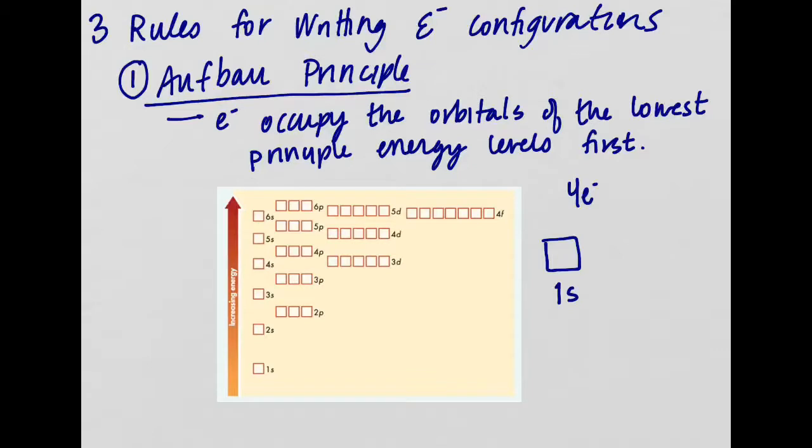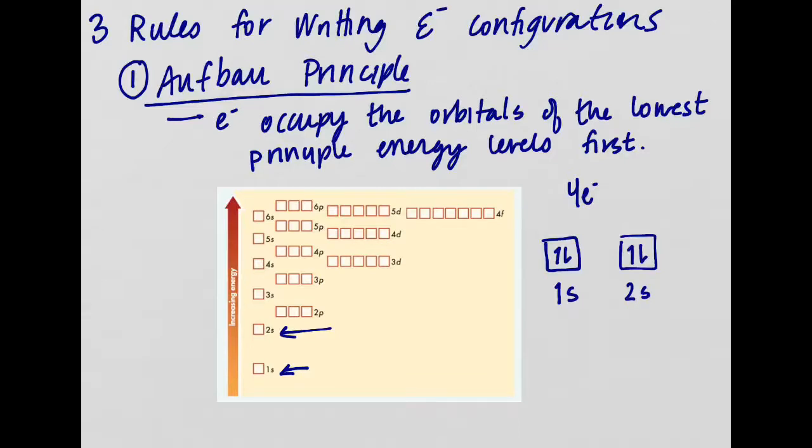So we place 4 arrows in these orbitals. The first 2 are going to go here, in our lowest energy level. The second 2 are going to go in our next energy level, which is the 2s.